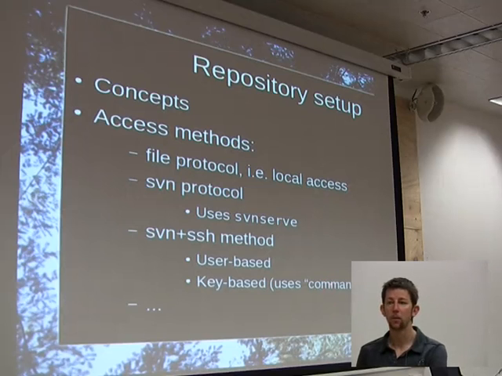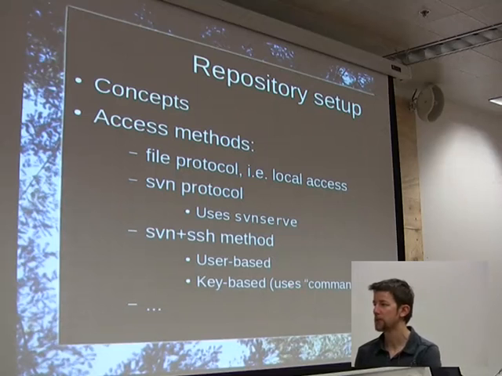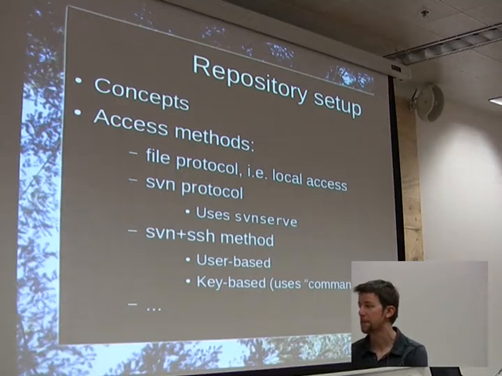It's fake, which means it's only used by svnserve, because key-based starts an svnserve instance just like user-based, only the command that starts the svnserve instance is always the same command, and that's in the .ssh/authorized_keys file on the server.